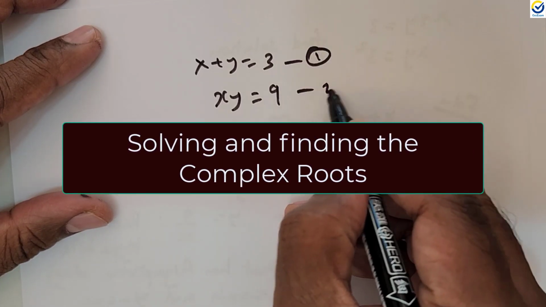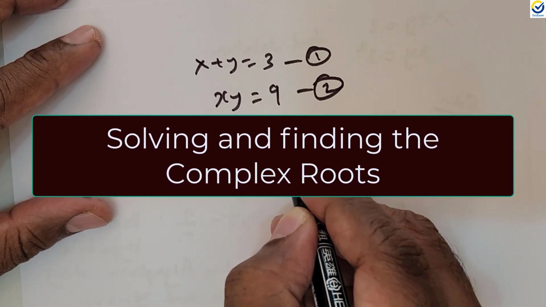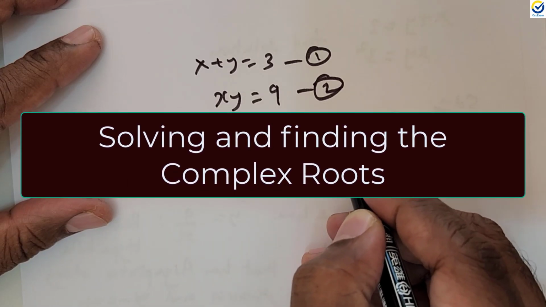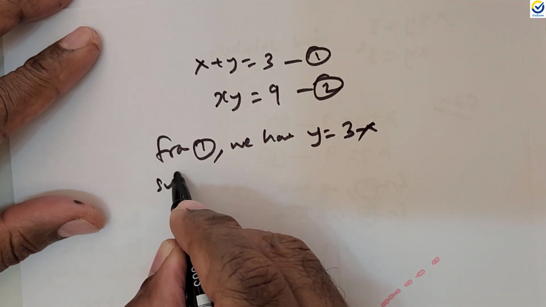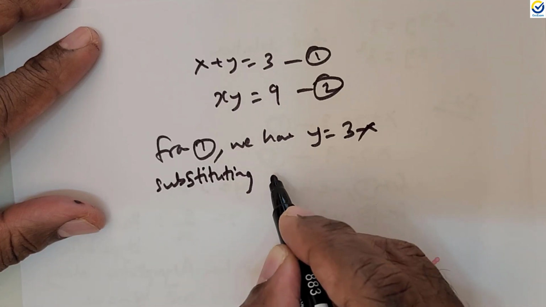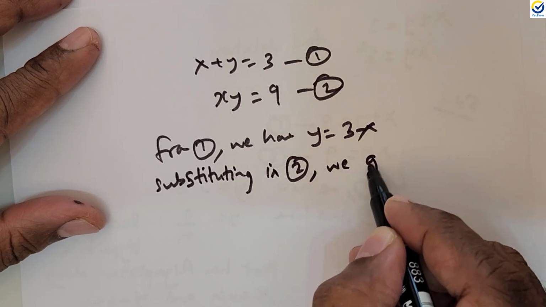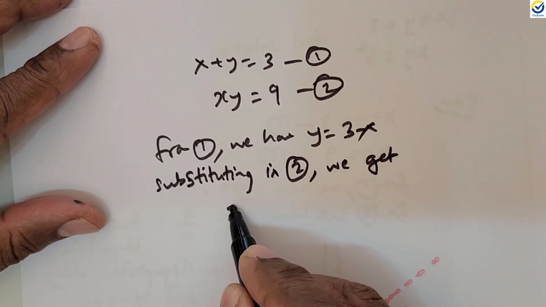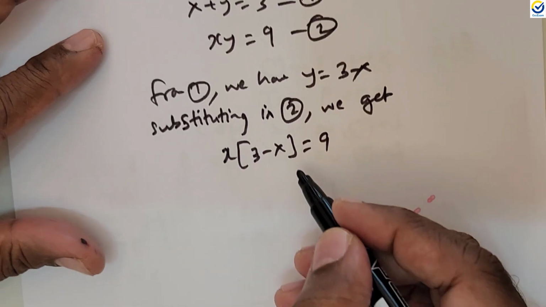This is my 1, this is my 2. From 1, we have y = 3 - x. What I'm going to do is substitute in 2. In place of y, I substitute 3 - x = 9.